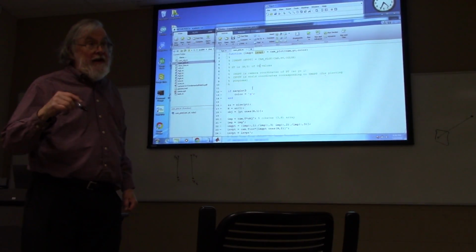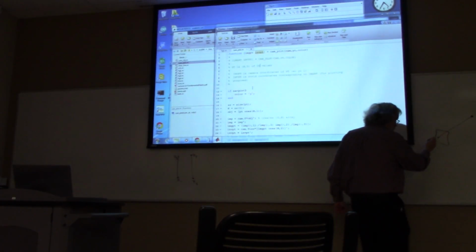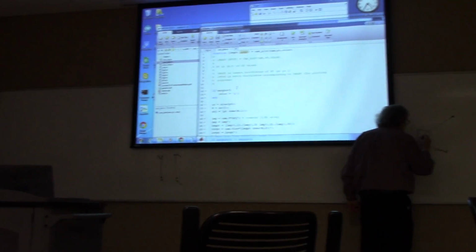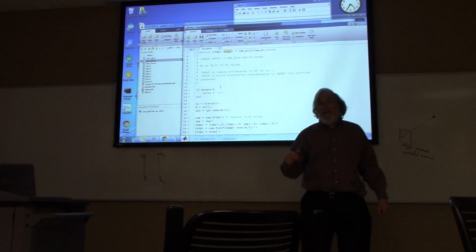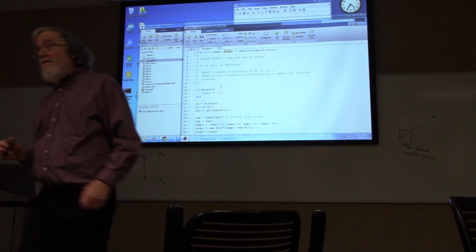So the first argument is where this point is in image coordinates, and the second is where this point is in world coordinates. And then I use the world coordinates to actually construct it on the screen. Okay.